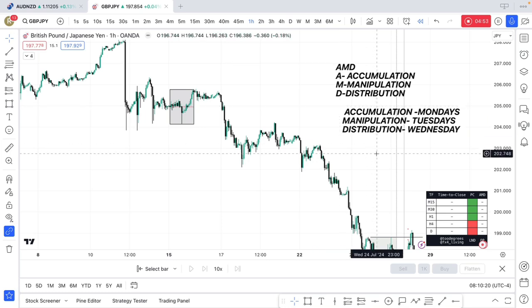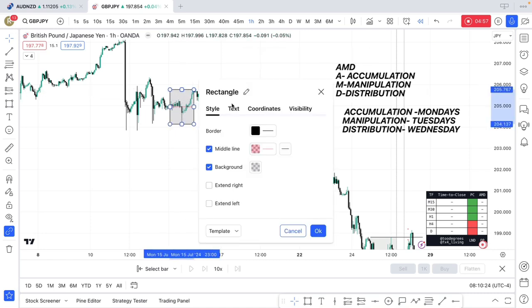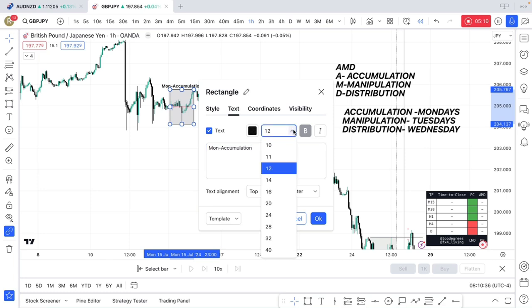That's what solely happens. Since this is a Monday, let's use MON for accumulation. Mondays are for accumulations. Let's see how it goes here.